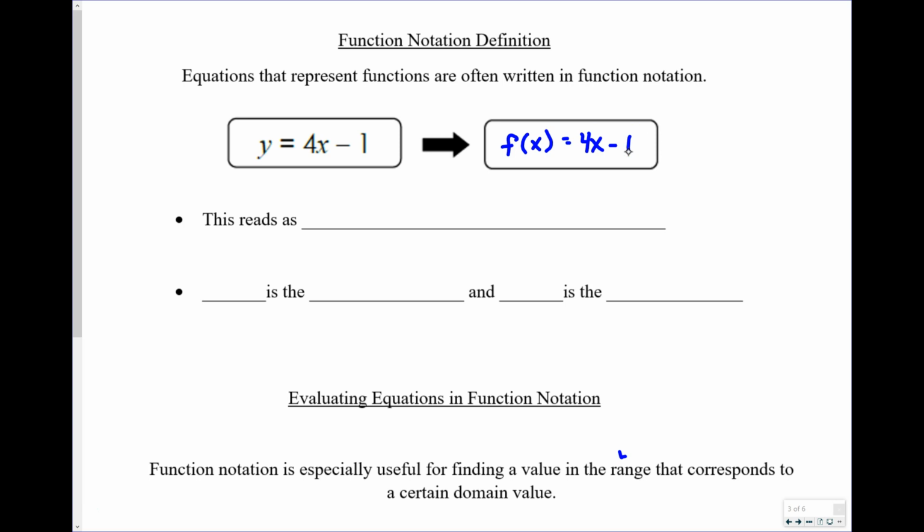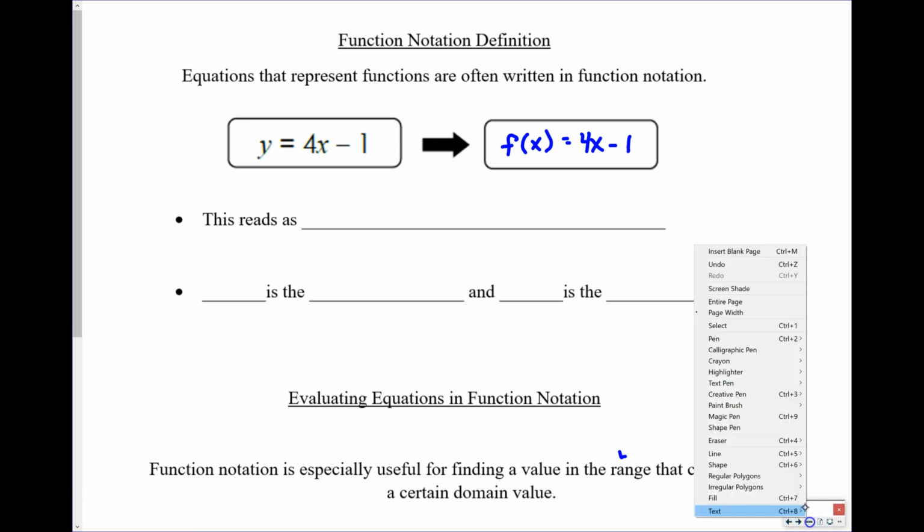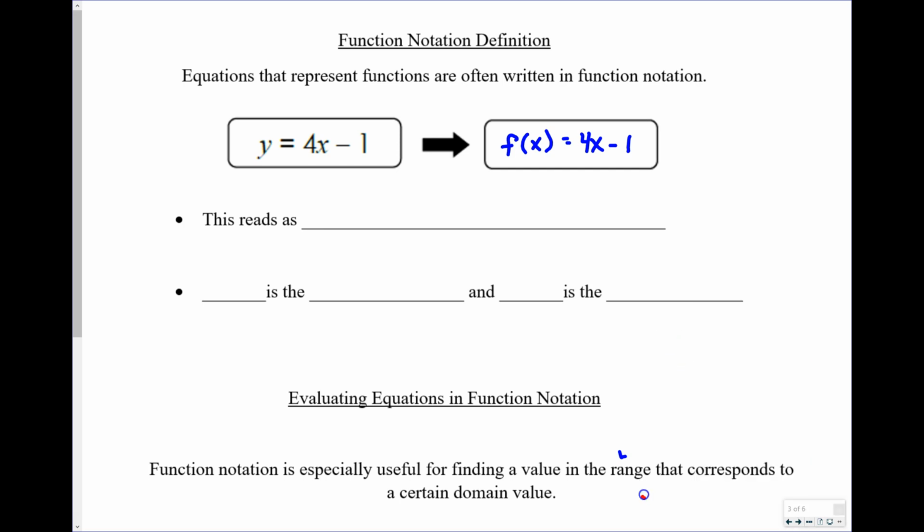Now I know that looks very funny, so I'm going to describe how this reads and what these things mean. When we say this out loud, it's really important to know how to speak this. F parentheses x reads as f of x, and then we say equals whatever the equation is.